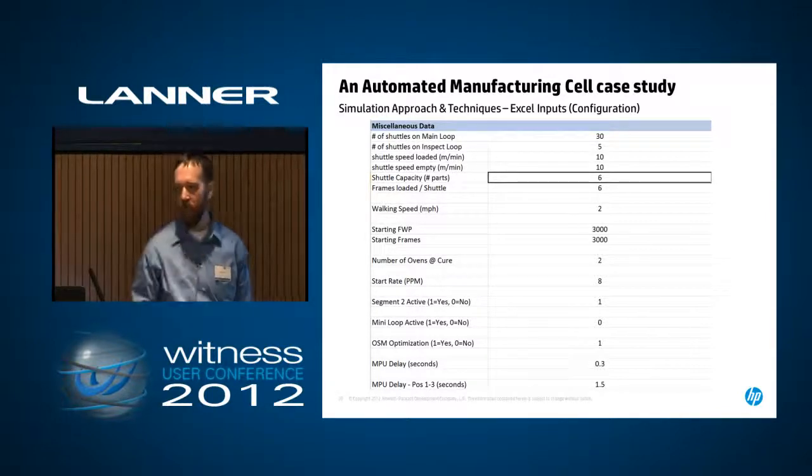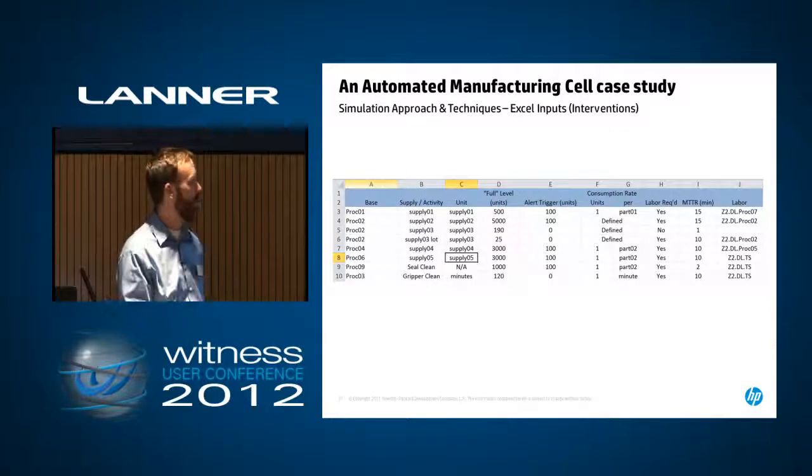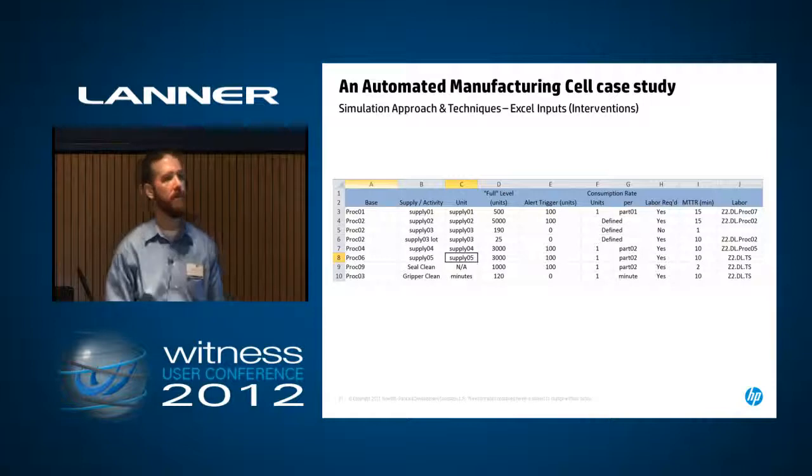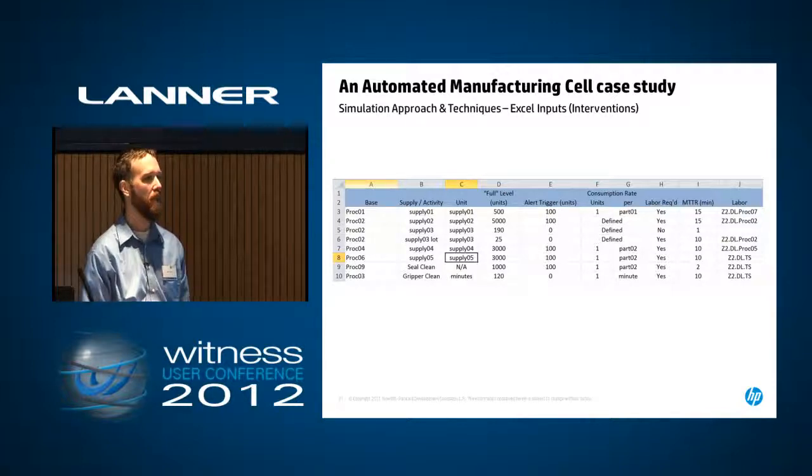And one more input slide. This is the interventions. For example, I think I pointed out in the video that the labor over there, the operator, was showing up to replace some of the supplies at that base.